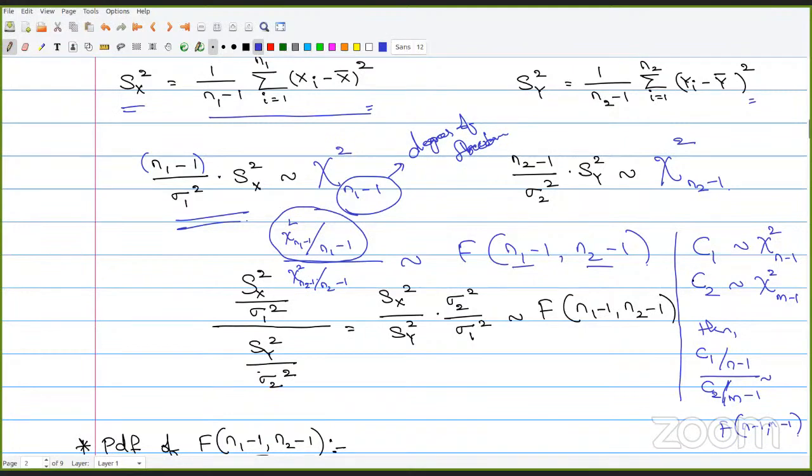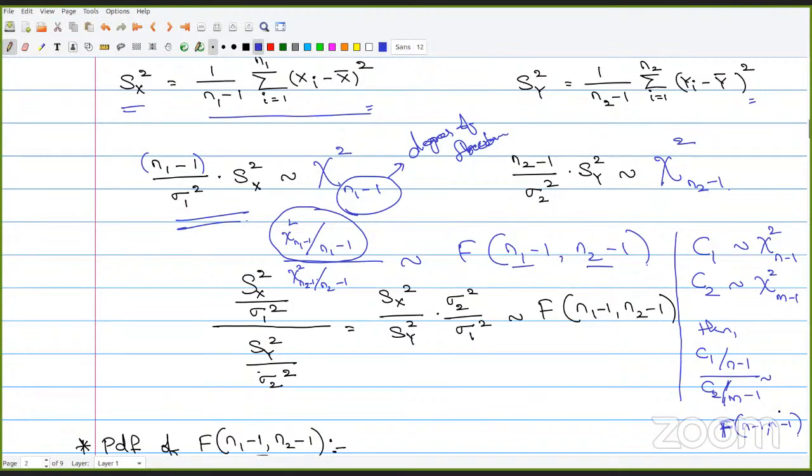There are two random variables C1 and C2. C1 follows chi-square n minus 1, that means C1 has n minus 1 degrees of freedom. C2 follows chi-square m minus 1, that means m minus 1 degrees of freedom. So C1 divided by its degrees of freedom, whole divided by C2 divided by its degrees of freedom, follows the F distribution. One parameter is the degrees of freedom of the first random variable, and the other is the degrees of freedom of the second random variable.